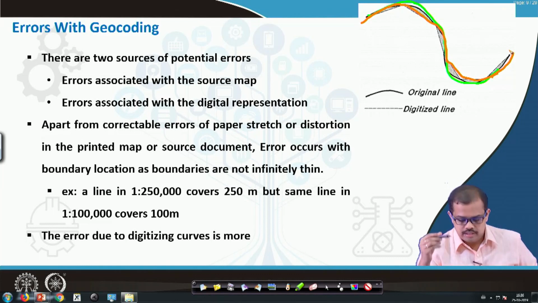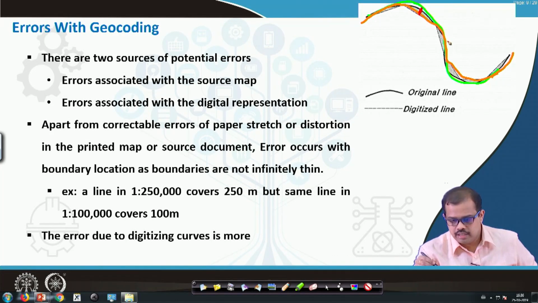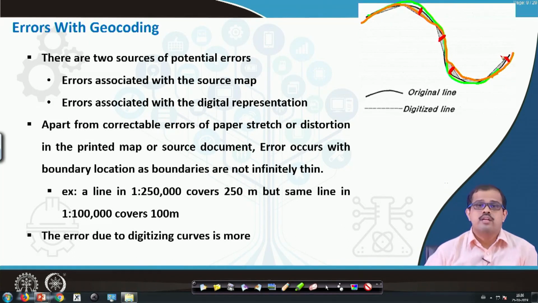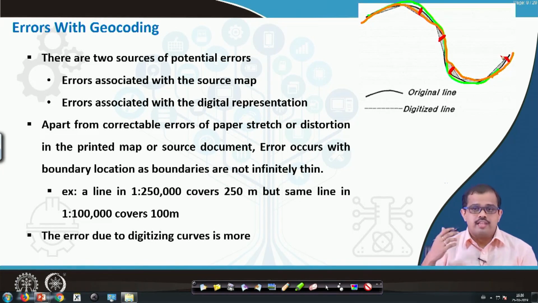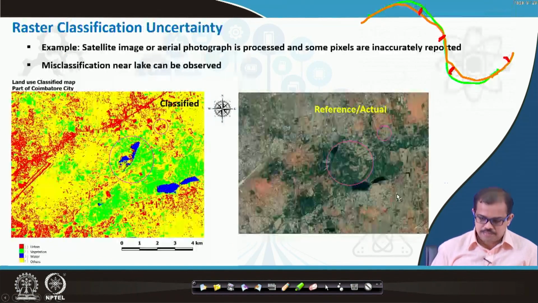So, this is the error that we have created, and again here is an error and this is an error. So, these are the digitization errors that we would have made, for example here. These can also creep in when we are digitizing. So, errors can be everywhere. The only thing is that it is up to the user, the person who is actually creating the map, to look at the standardized methods, or look at it in a more detailed way, in order to correct those different errors that may be in the entire data set.